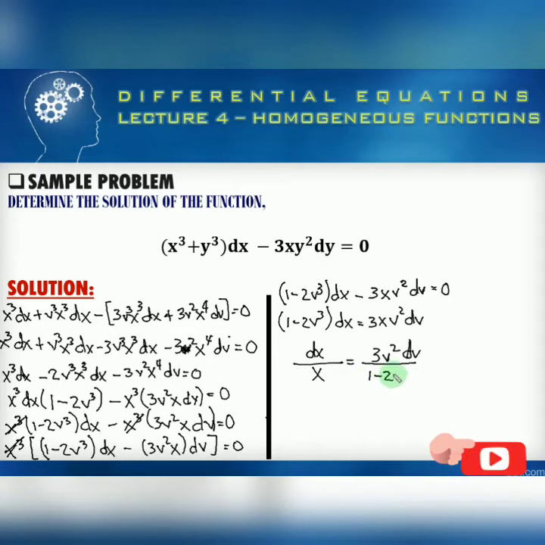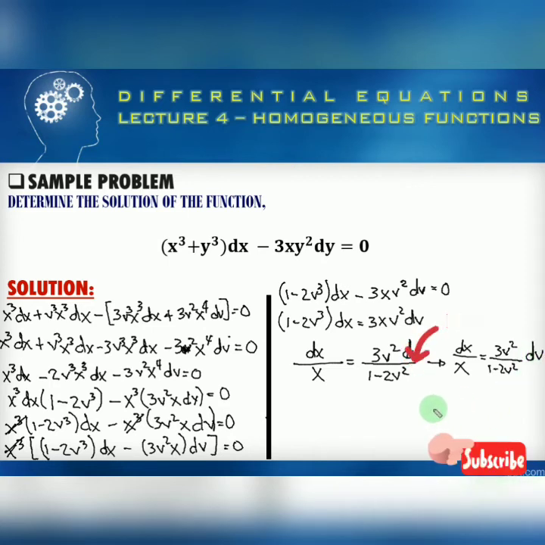Or simply, this is just equivalent to dx over x is equal now to 3b squared over 1 minus 2b squared db.